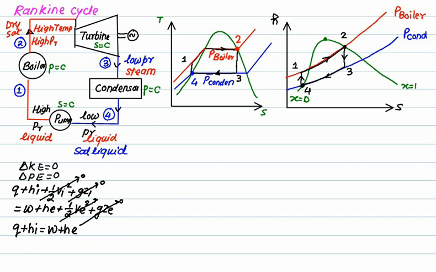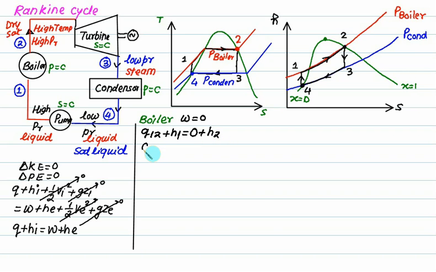As far as the boiler is concerned, the entry is represented by 1, the exit is represented by 2. In the case of the boiler, work is always equal to 0. So this equation is Q12 plus the entry point H1, W is 0 and He is H2.